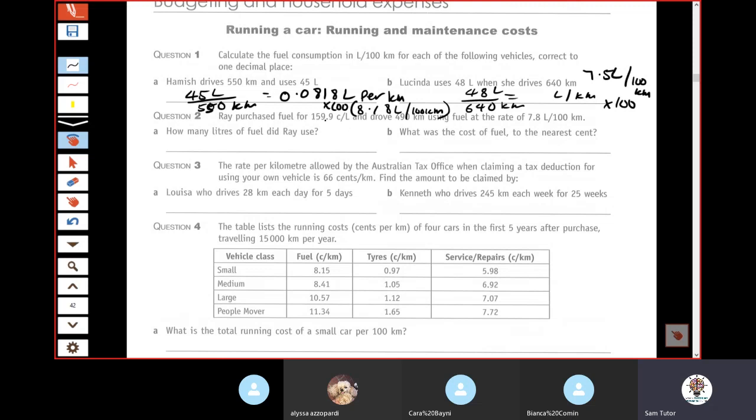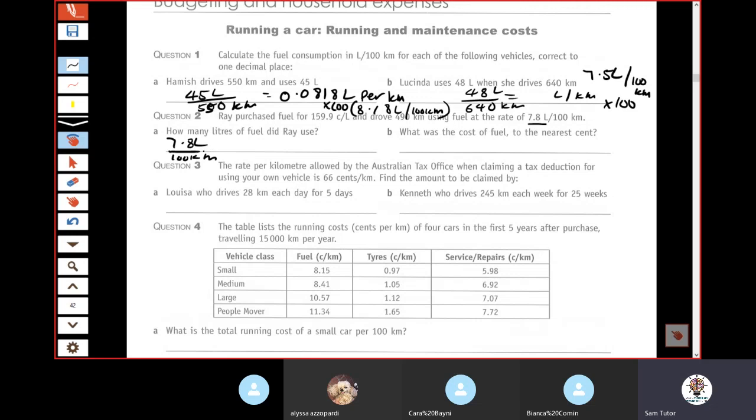Ray purchased fuel for 159.9 cents per litre and drove 490 kilometers, using fuel at the rate of 7.8 litres per 100 kilometers. How many litres of fuel did Ray use? Well, he uses 7.8 litres per 100 kilometers. He went for 490. Like I said before, I just like making things into 1 kilometer.